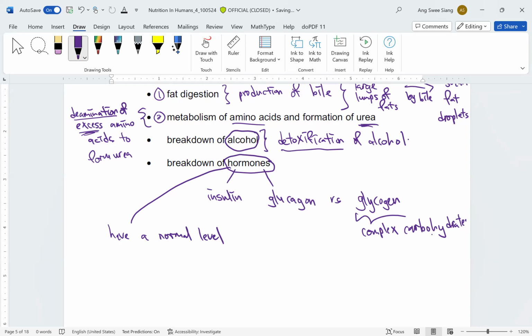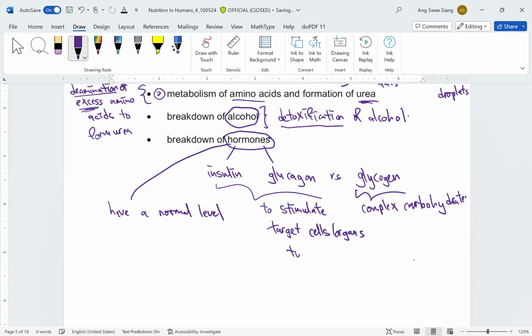When I need this hormone to activate or to trigger or to stimulate, basically the function of hormones usually is to stimulate target cells or organs to carry out some responses.